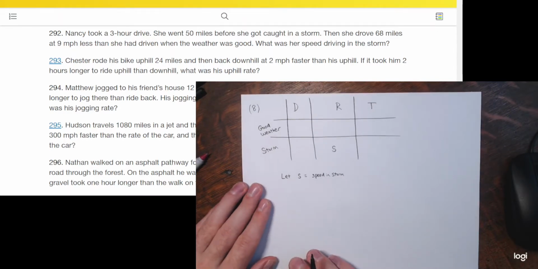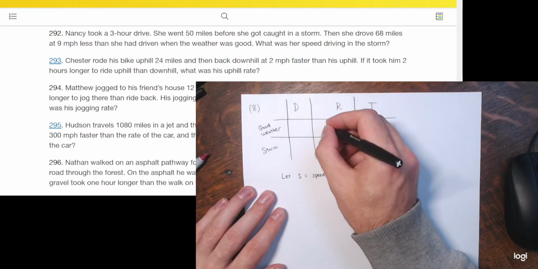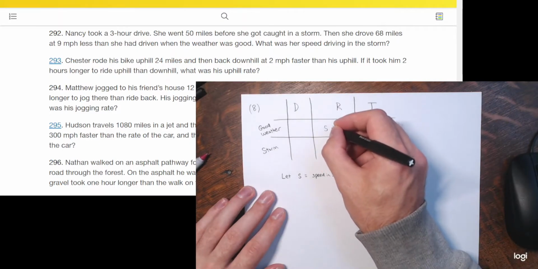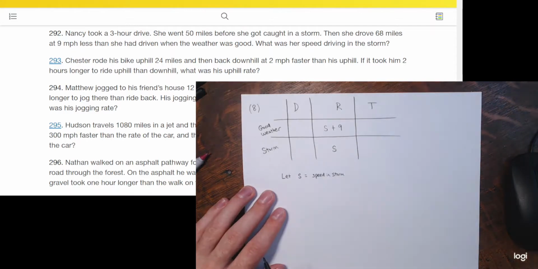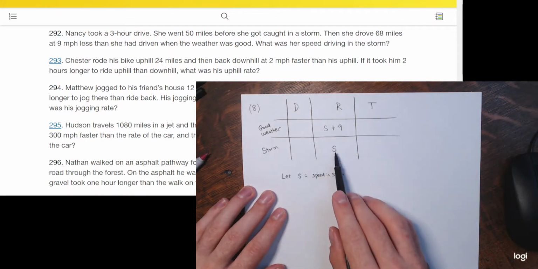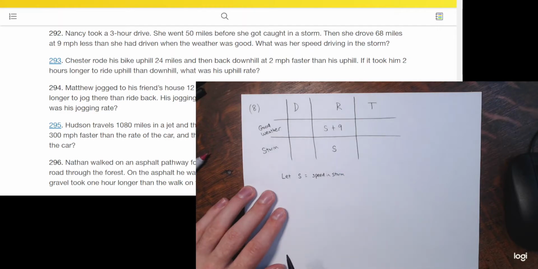Another way to think about that is that her speed in good weather was 9 miles per hour more. So S plus 9 is the rate for her driving in good weather. Right, as long as what you have in the storm's rate is 9 less than what you have in the good weather's rate.